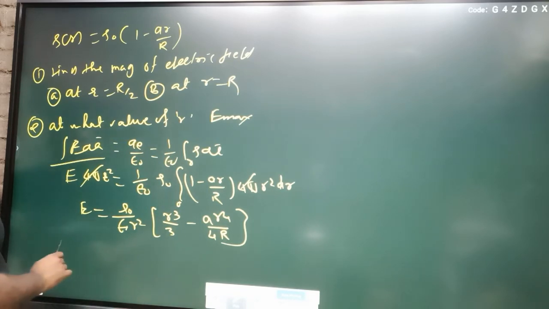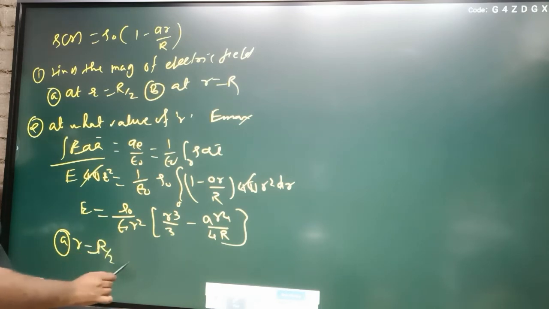Okay, number 1. But what about small r square? Small r is equal to capital R by 2, so we have to substitute r by R by 2.